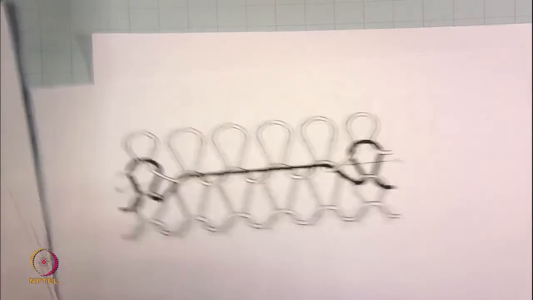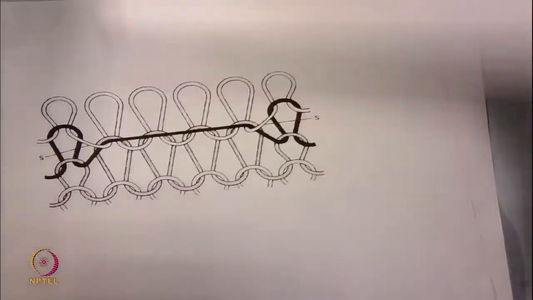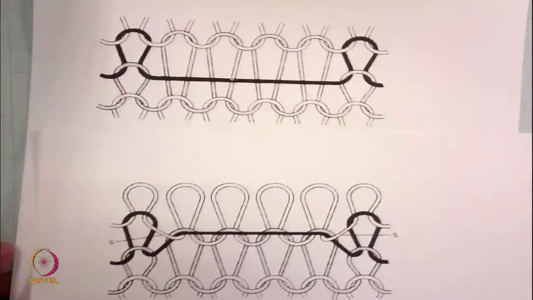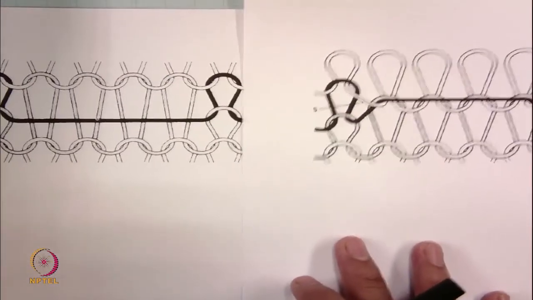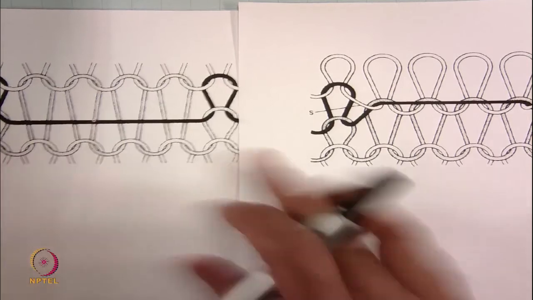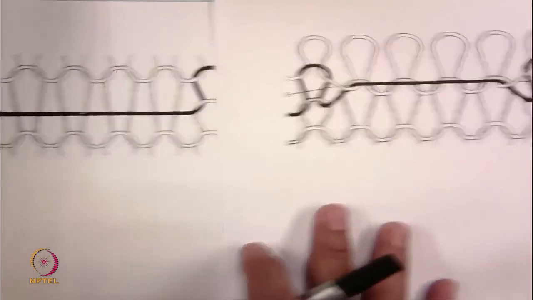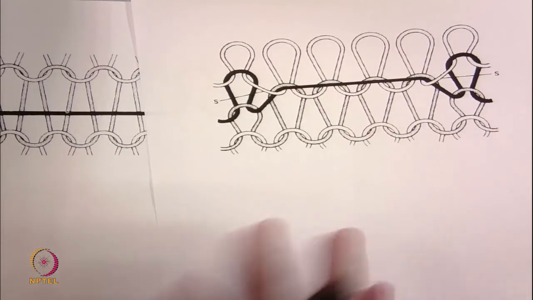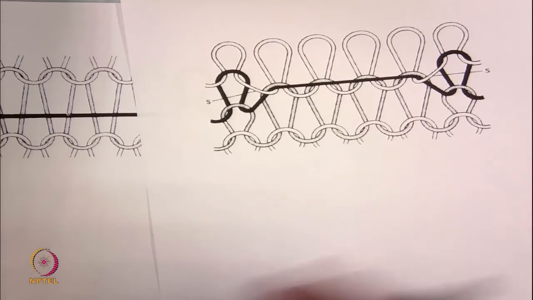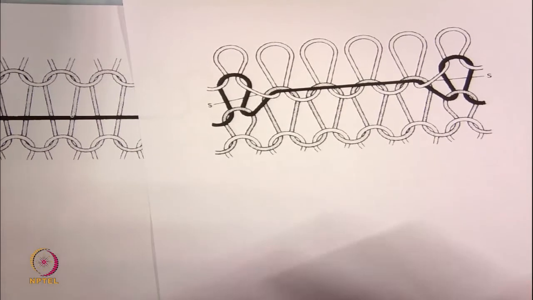So, let us start with the simplest one, this particular structure. If you see these two structures, you can easily find there are loop, tuck and float. How are we going to represent these structures when multiple needles are involved in tuck and float formations?